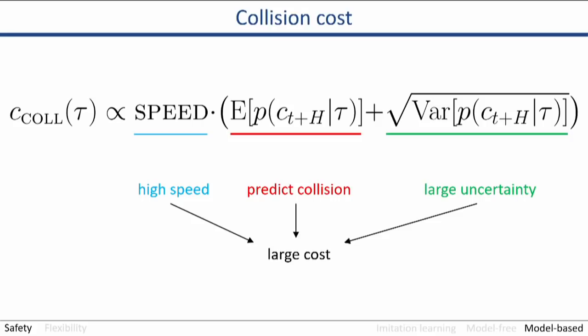Mean plus variance is just one way to do it. There's a lot of work in risk-averse reinforcement learning. Also, people who do learning for trading on the stock market, where doing bad is worse than doing good, tend to look into these different kinds of cost functions. So there's a bunch out there. You can do something else as well.